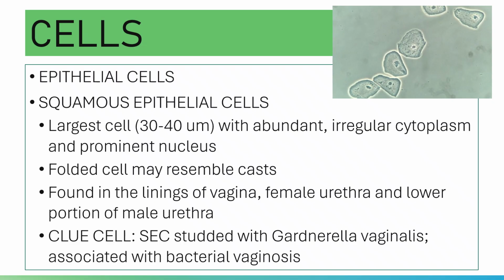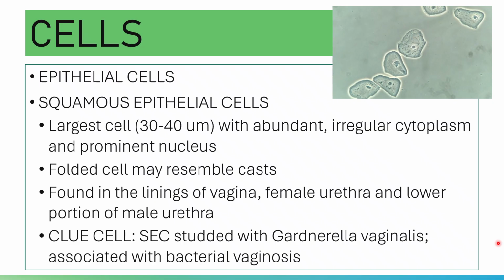Again, your squamous epithelial cells are large and flat, and they have an abundant cytoplasm with a small, round, centrally located nucleus. The nucleus is about the same size as a red cell.